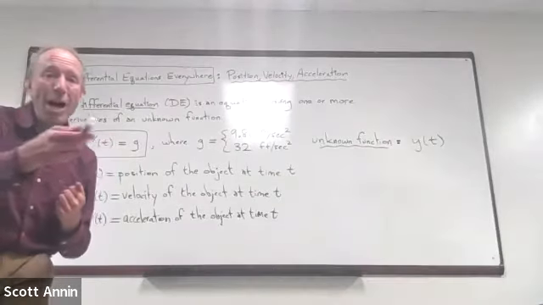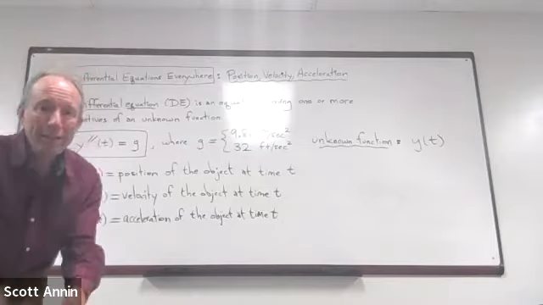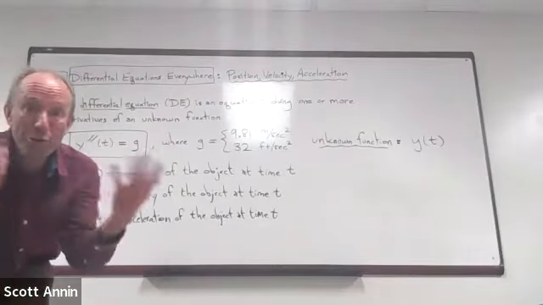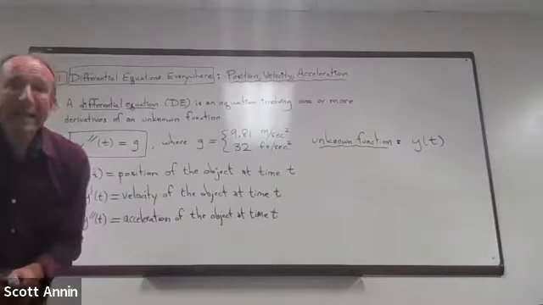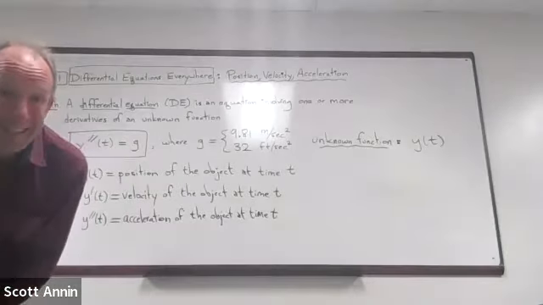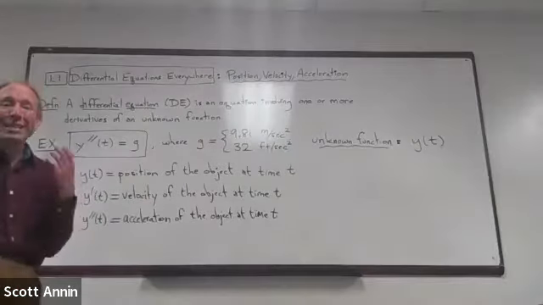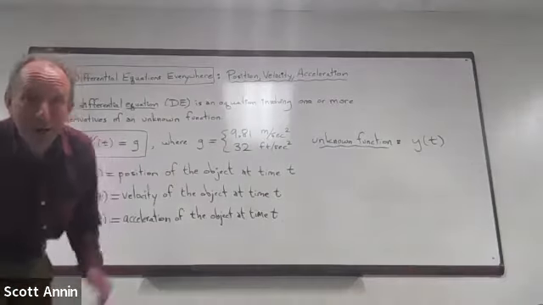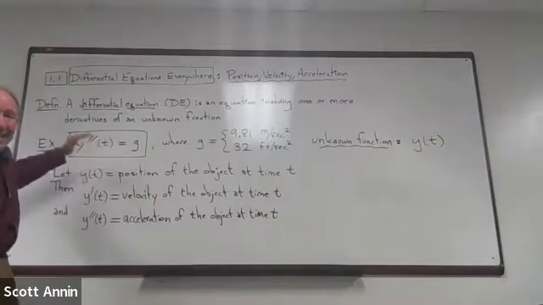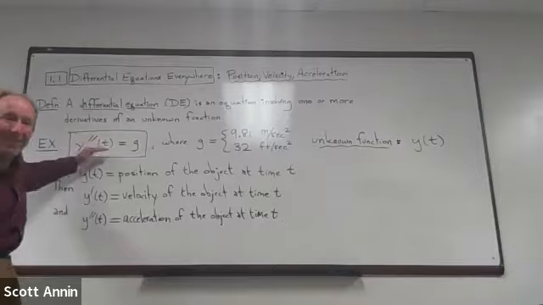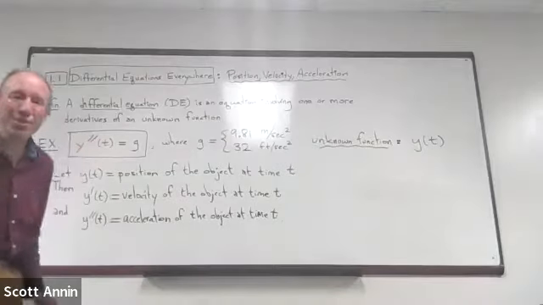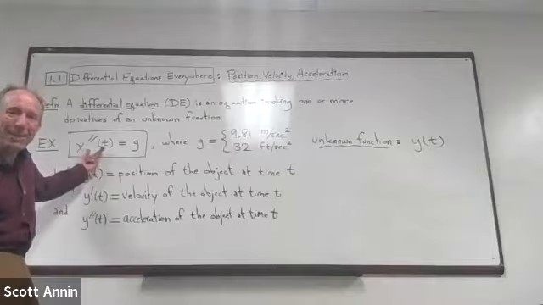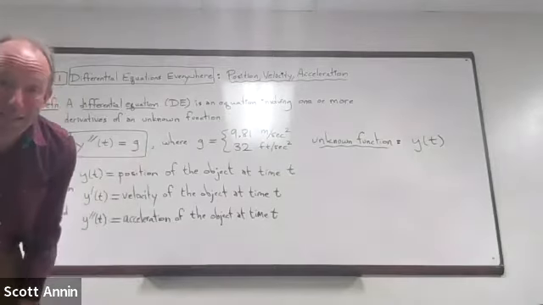So we have some object that is only experiencing gravity as it moves through space. If an object is only experiencing gravitational force, then its acceleration is exactly governed by this differential equation. The acceleration of the object is equal to a constant.